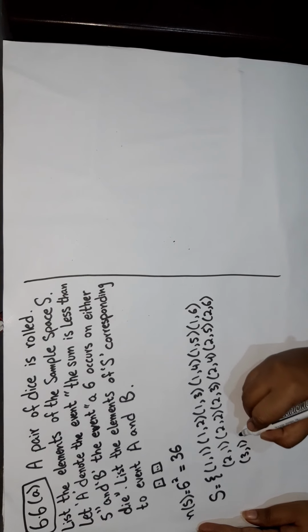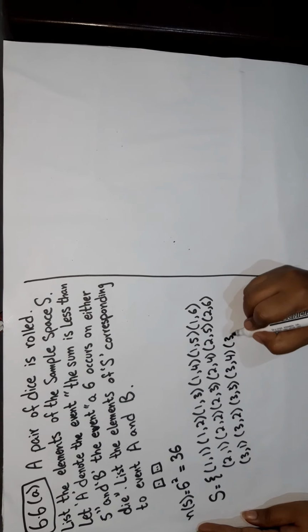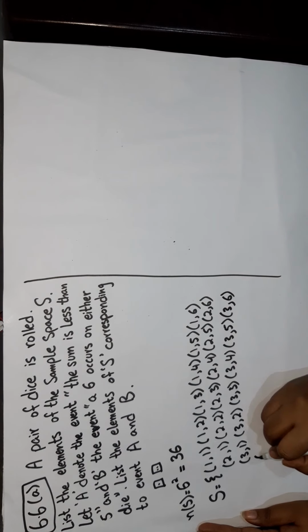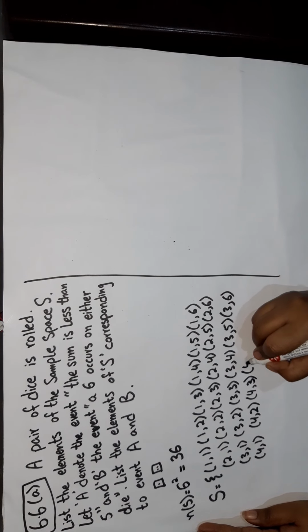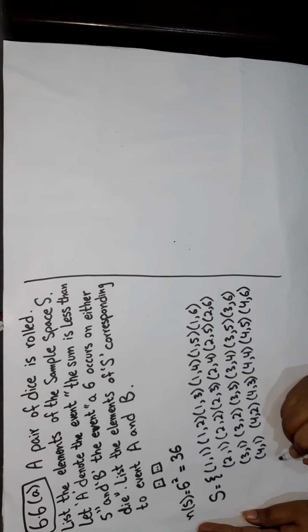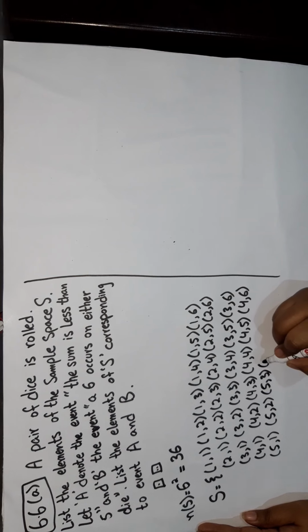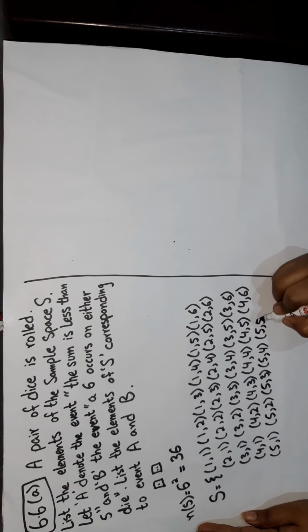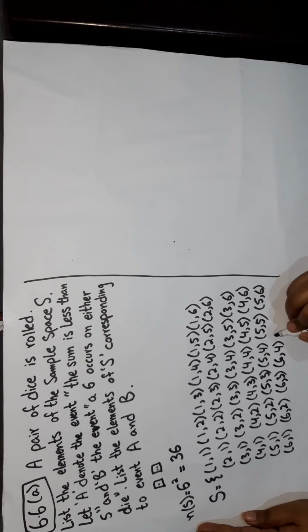Again 3 1, 3 2, 3 3, 3 4, 3 5, 3 6, 4 1, 4 2, 4 3, 4 4, 4 5, 4 6, 5 1, 5 2, 5 3, 5 4, 5 5, 5 6, and then 6 1, 6 2, 6 3, 6 4, 6 5, and 6 6.